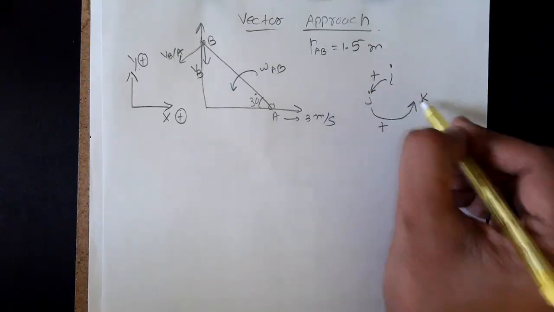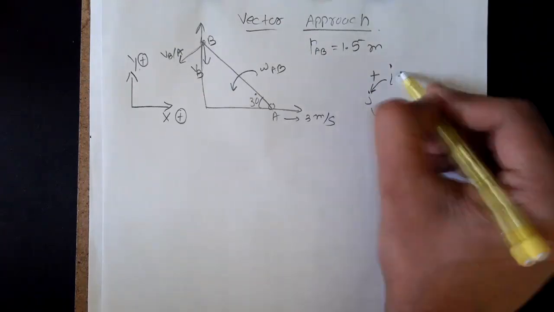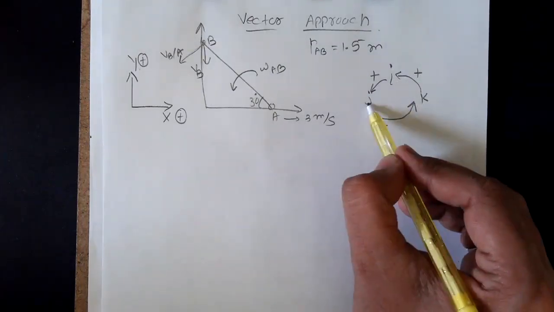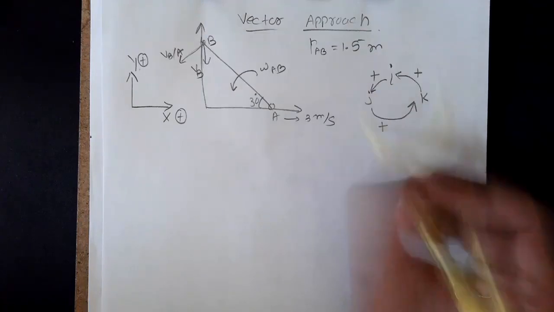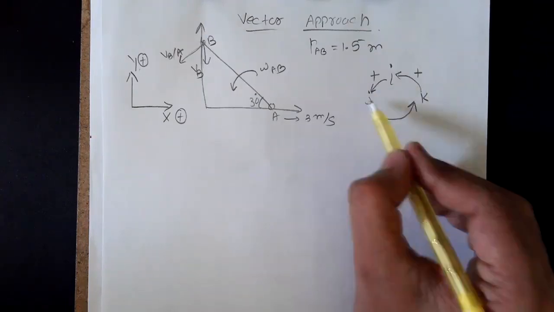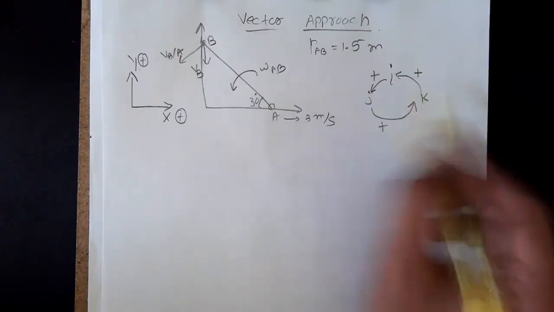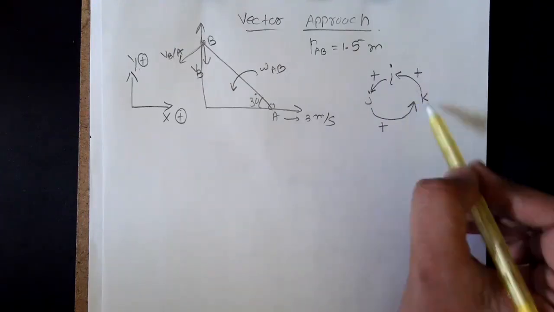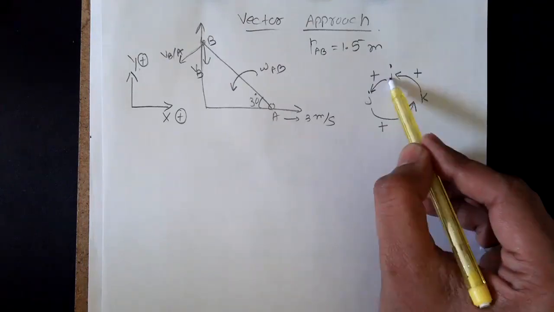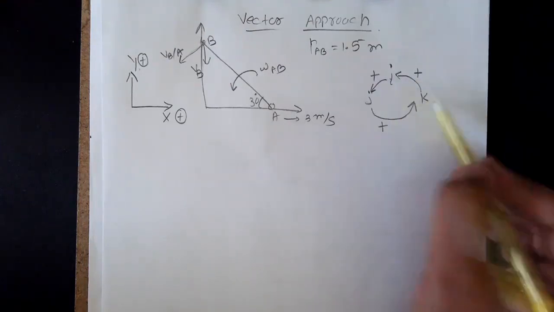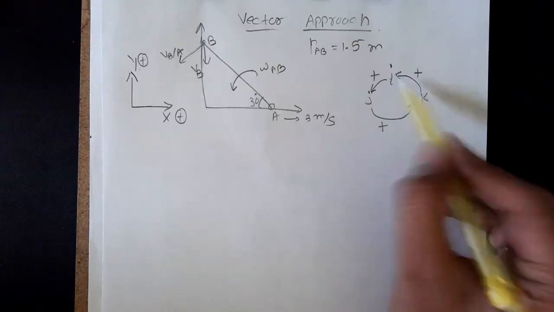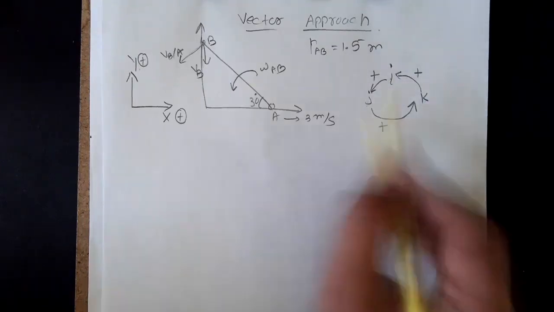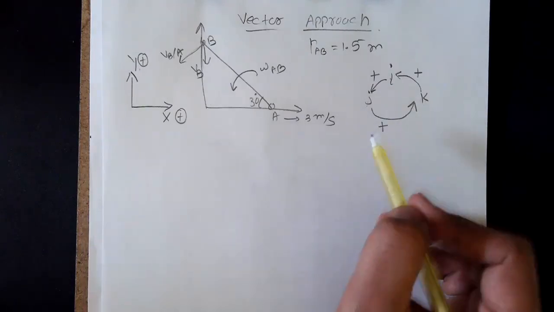Similarly, j cross k gives us positive i, and k cross i gives us positive j. So just remember this simple counterclockwise circle of ijk. If counterclockwise is positive, then clockwise is negative. So k cross j is negative i, j cross i is negative k, and i cross k is negative j. We'll make use of this in our solution.